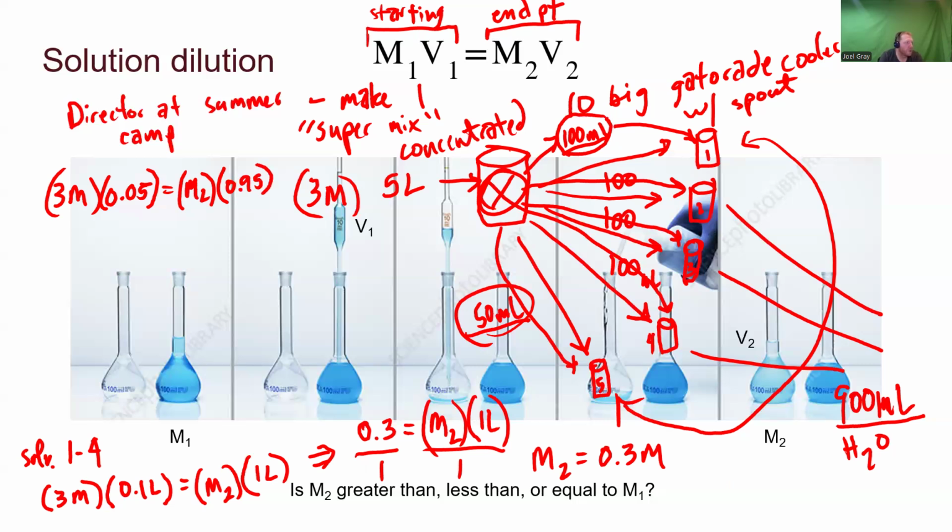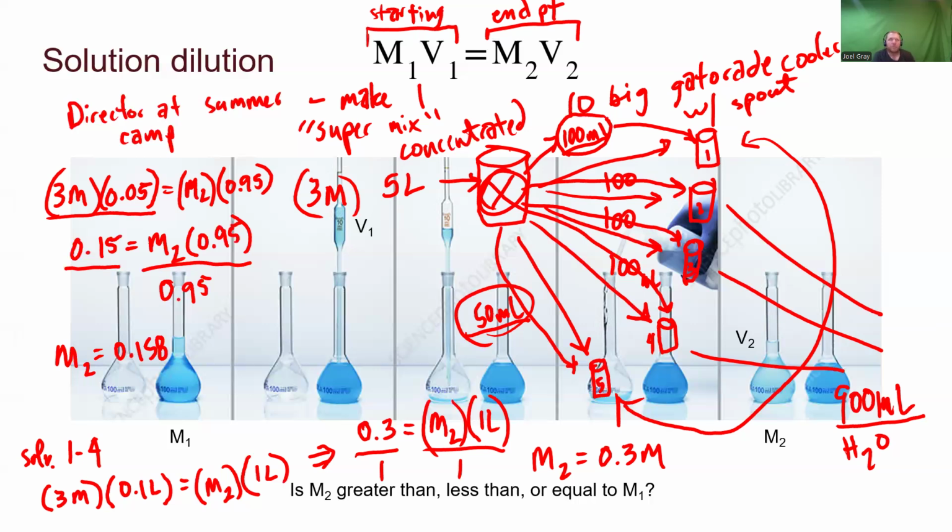So 3 times 0.05 is going to be 0.15 equals M2 times 0.95. Divide each side by 0.95. 0.15 divided by 0.95. Yep. DDA strikes again. Well done. M2 is equal to 0.158.